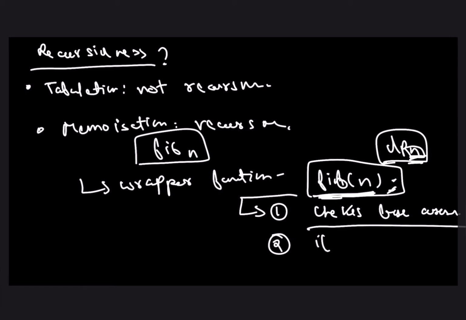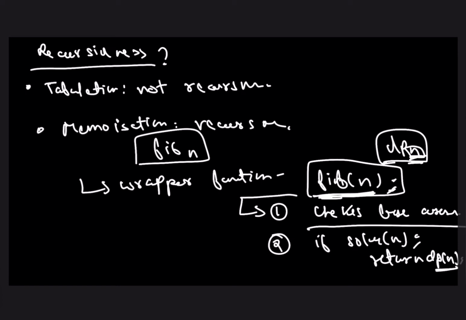Let's say Fibonacci of n, that is dp of n, was computed before. If it is solved, it will directly return the value of dp of n, because dp is a global array, for now, and it means that this is already solved.